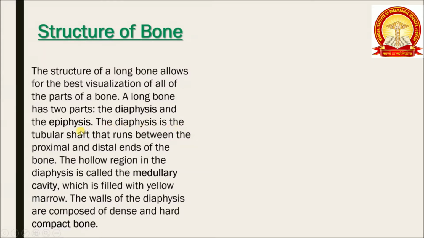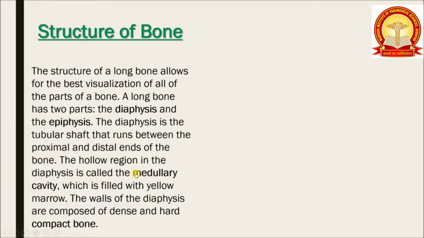The diaphysis is the tubular shaft that runs between the proximal and distal ends. The epiphyses have two ends, proximal and distal. The upper head is called the proximal epiphysis and the lower end of the bone is called the distal epiphysis.